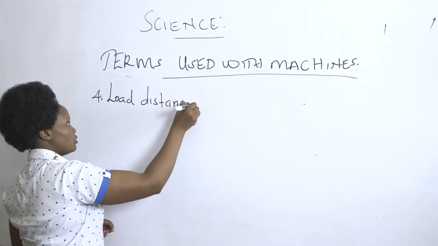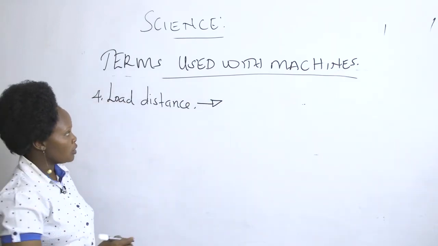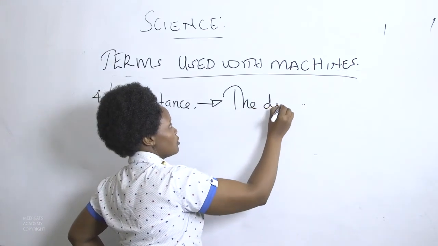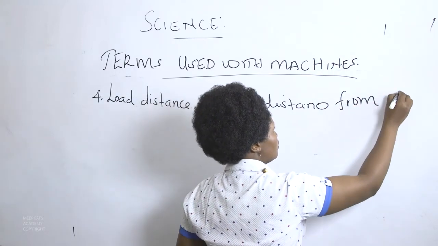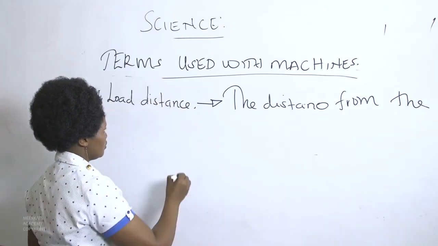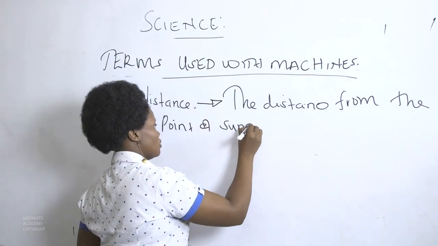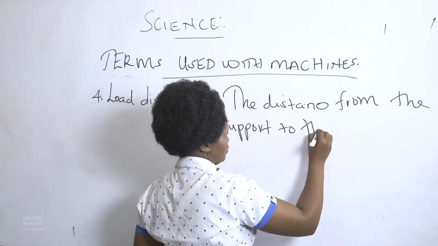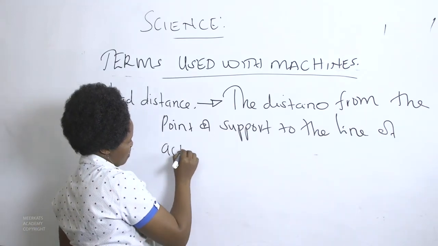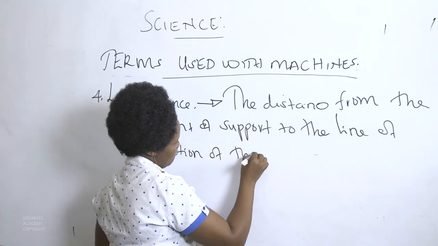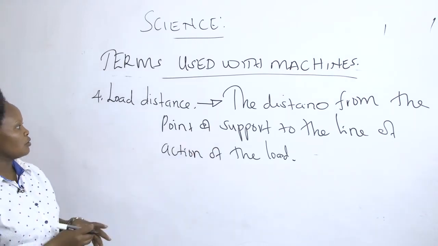Another one is the load distance, and the load distance is actually the distance from the point of support.